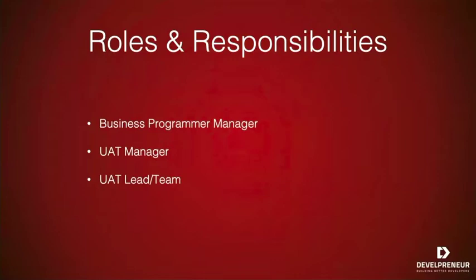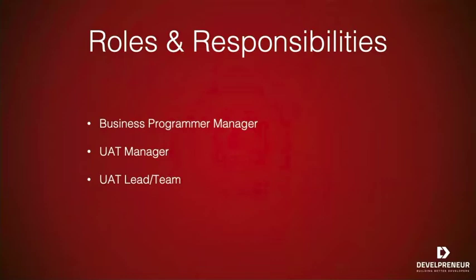You're going to have the business programme manager, or this could also be a business analyst if they're the one in charge of gathering the requirements and implementing the changes to the development teams, to the IT managers. We also have a UAT manager, and then we have the UAT teams and the leads of the teams.